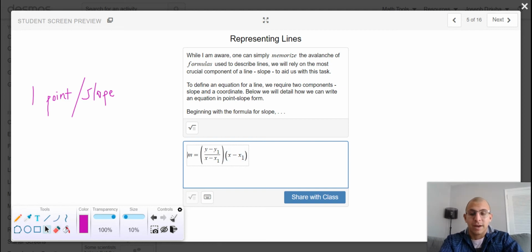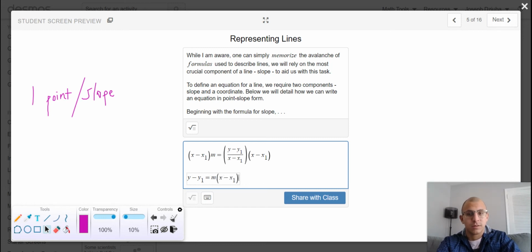Because mathematics is a staunch advocate for equality, we make sure we do that operation to both sides of our equation. As we can see, the right-hand side will simplify to y minus y sub 1 is equal to slope, represented by m, times x minus x sub 1.